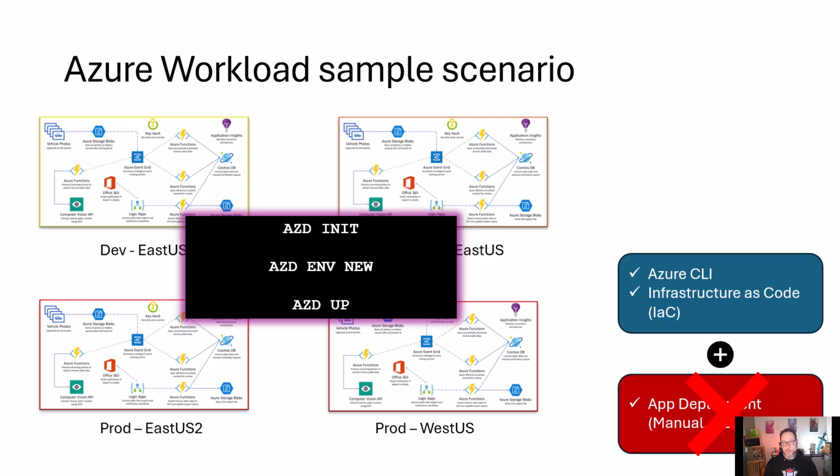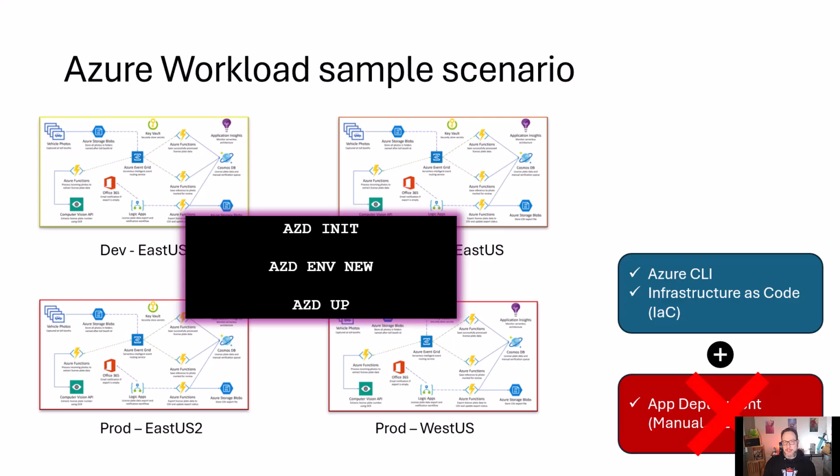Now, in short, what you would do is creating the templates, running AZD init, running an AZD environment new, and then last AZD up, 3 basic commands, and it basically spins up the whole environment. And that's, I would say, mainly it. So what we're doing now is not preferably using Azure CLI anymore, at least not for these cases, right?